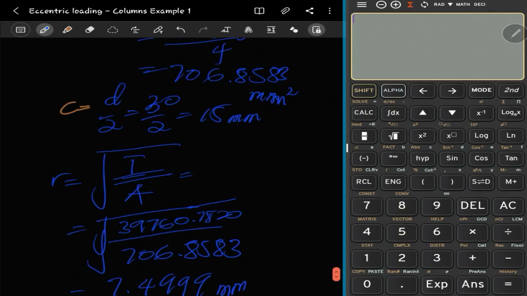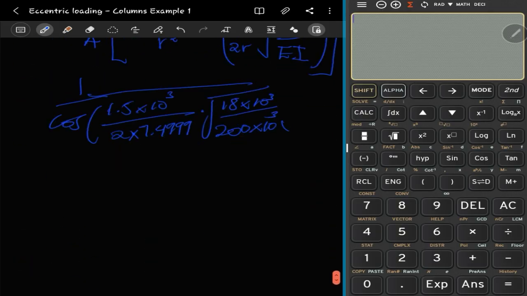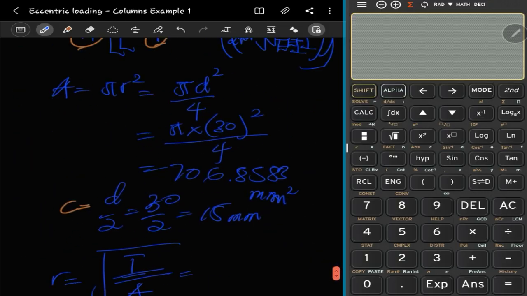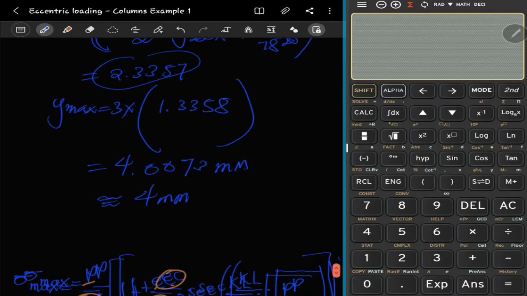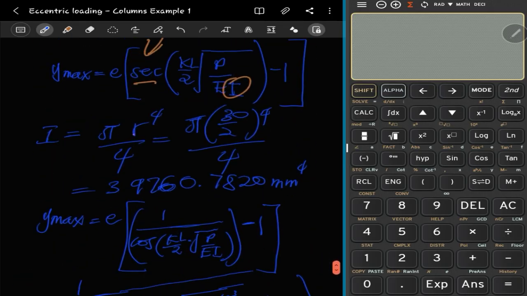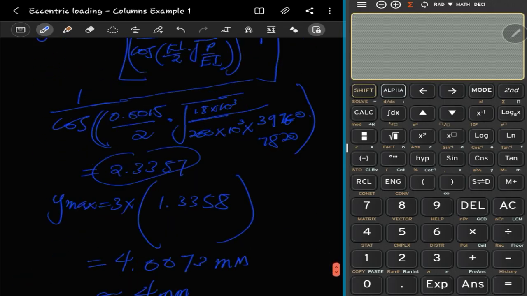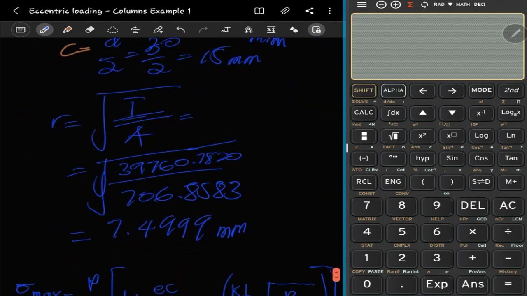And then we have our I. What is here is 1. So let's put that. Okay, this multiplication dot. And our I is 39,760.7820.